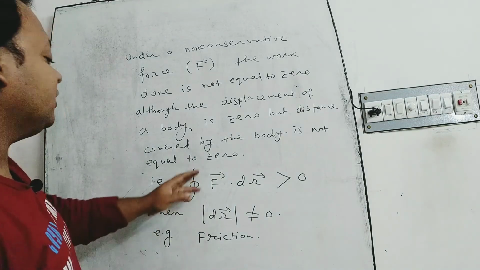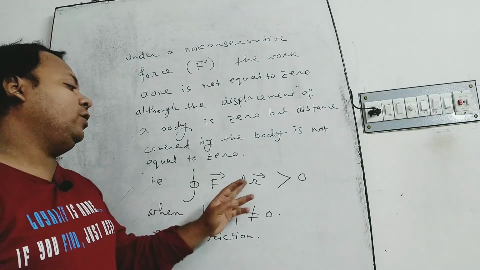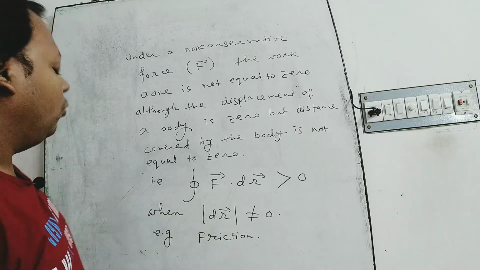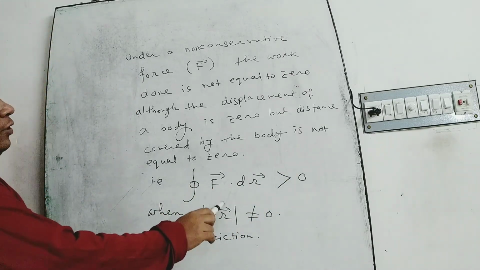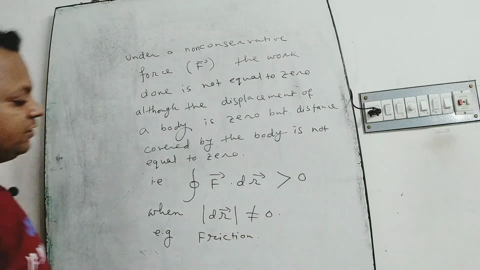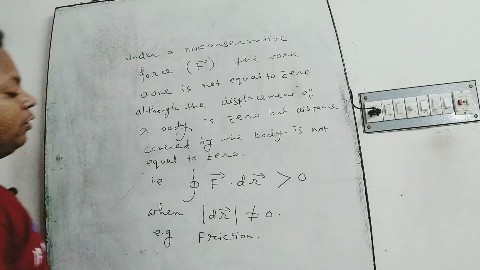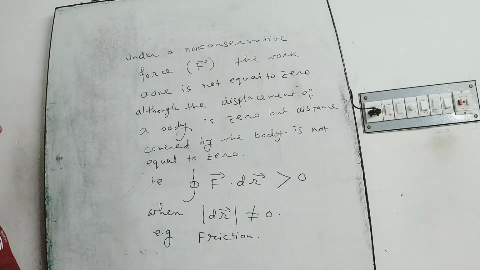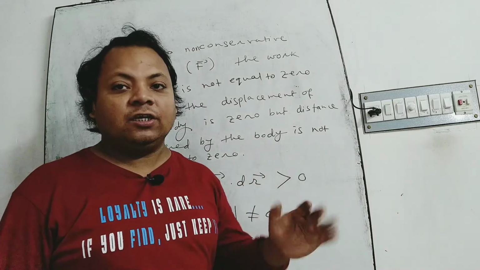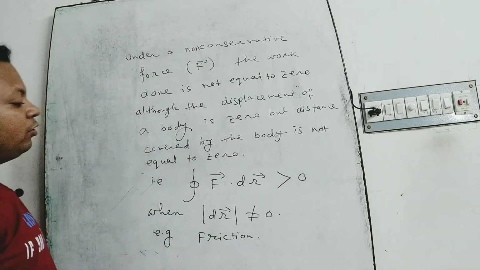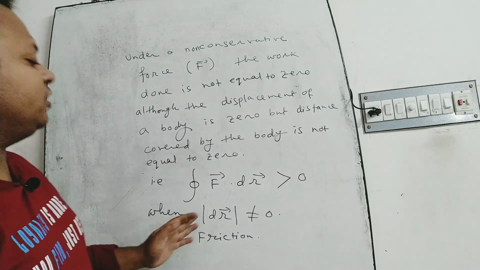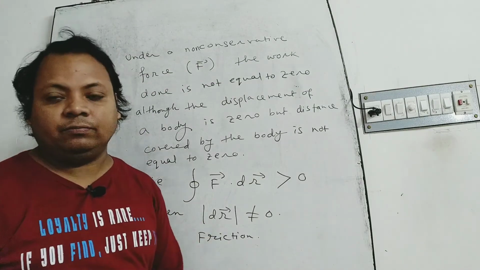That is, the closed integration of F dot dr is greater than 0, that is positive, when the magnitude of dr is not equal to 0. Then the work done is positive under a non-conservative force. An example of a non-conservative force is friction.